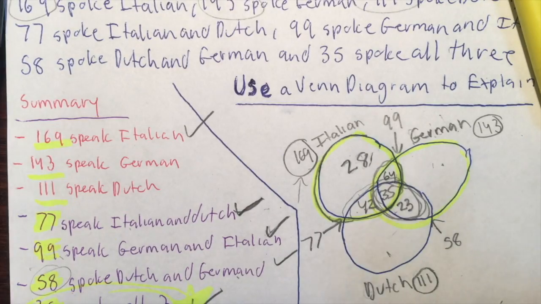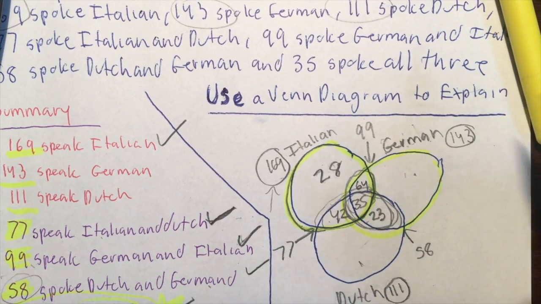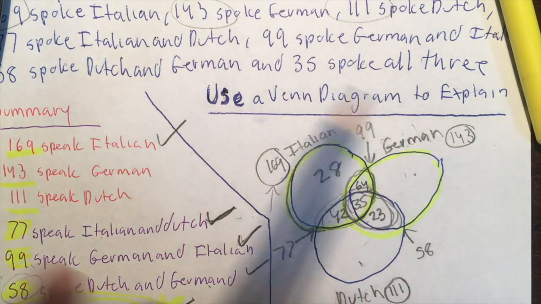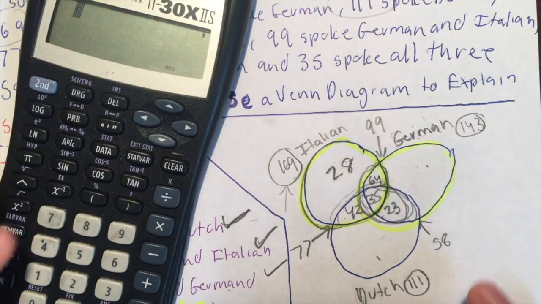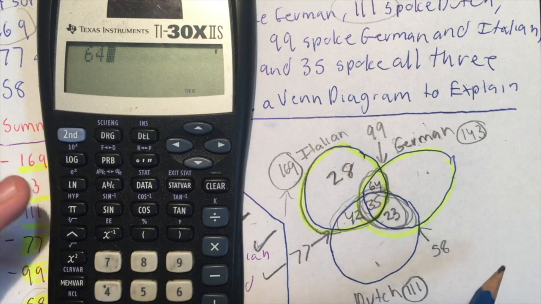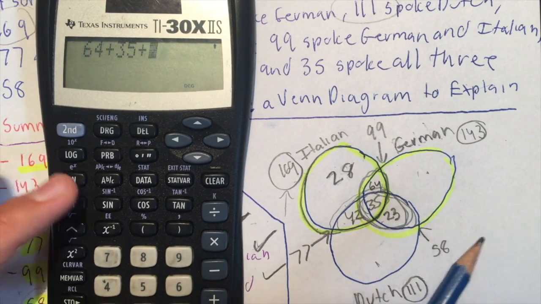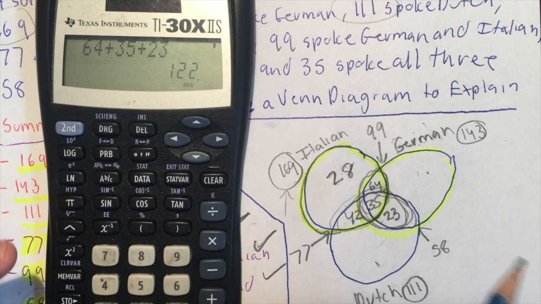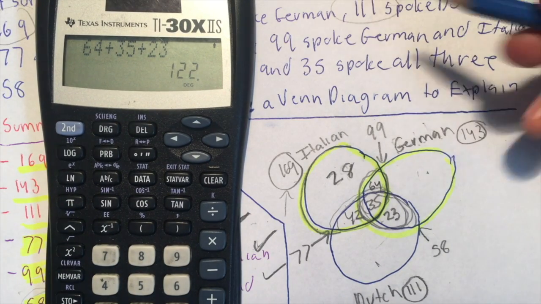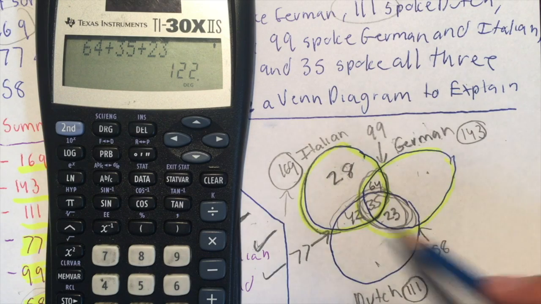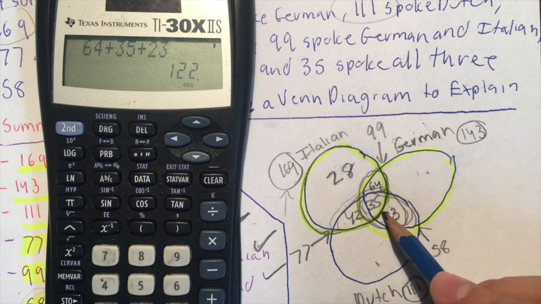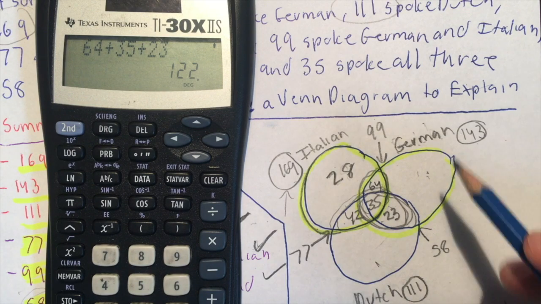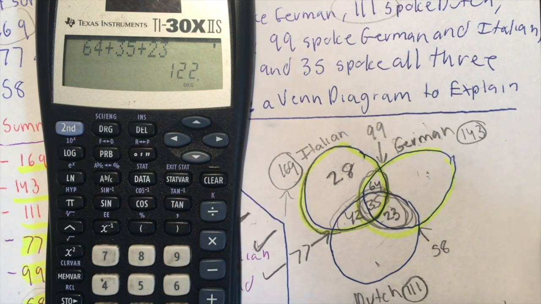It's checked off. Now we will do the 143 that spoke German. So 143 spoke German, and so far we know that we have 64 plus 35 plus 23. We have 122 here. So we know that this whole circle equals 143, and so far we only have 122 people. The bit that we're missing is the people that only speak German.